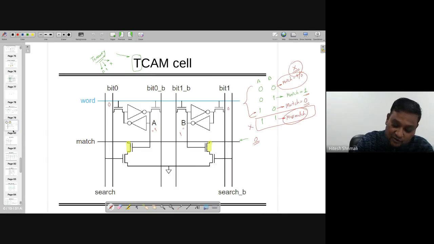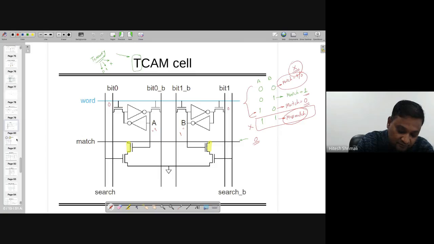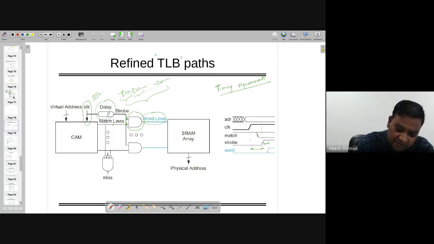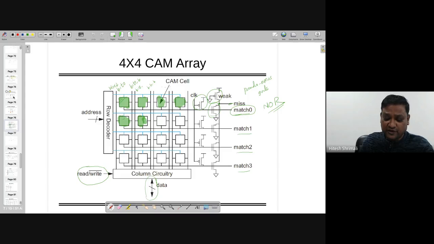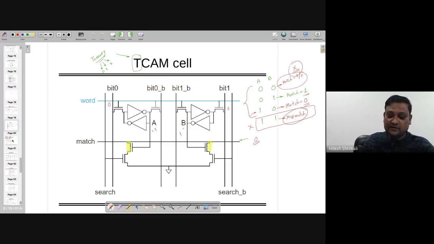Hierarchically, of course, you need to have a 4 cross 4 TCAM array, which is also made with the same fact which we have done over here. So this is all about TCAM, which is dealing with 3 data: 0, 1 and ternary.